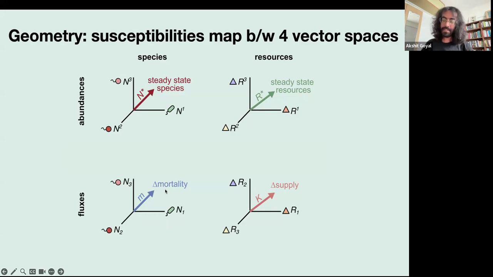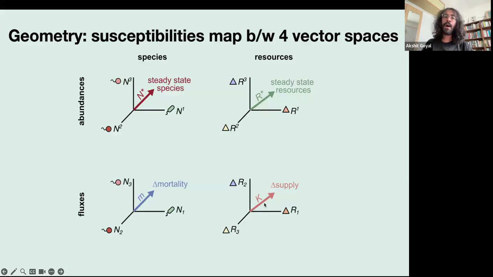Species mortalities, in fact, live in the space of species fluxes, so these are actually rates. This vector tells you how much species one dies by, how much species two dies by, how much species three dies by, and that lives in this different space. Similarly, resource abundances live in a resource abundance space, but the supply rates live in a resource flux space.